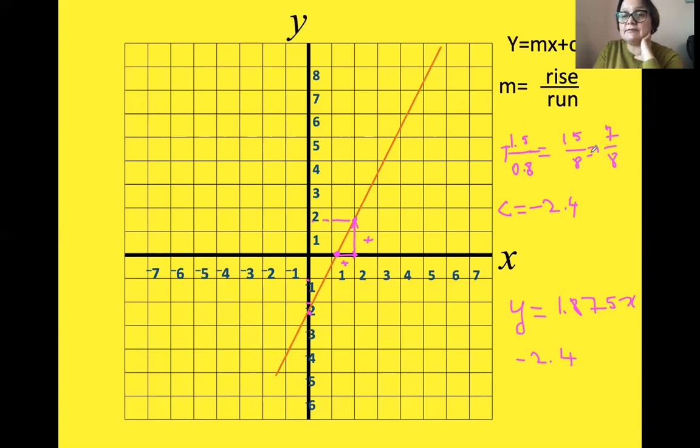Or you can leave the gradient as a fraction. So it's going to look like that: y equals 15 over 8 x minus 2.4. So read the question carefully. It depends what the question in the test says.